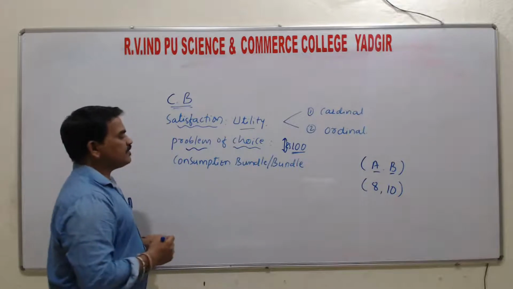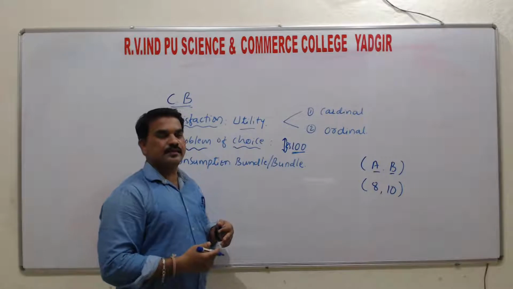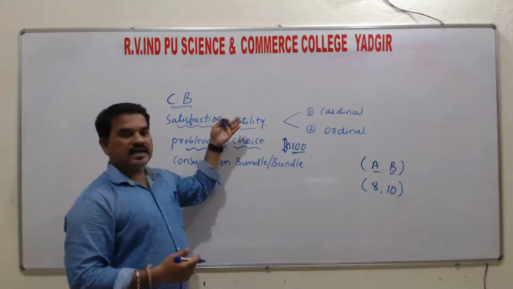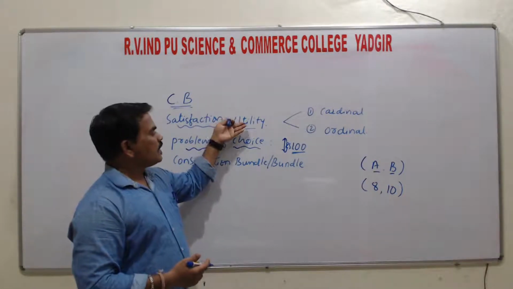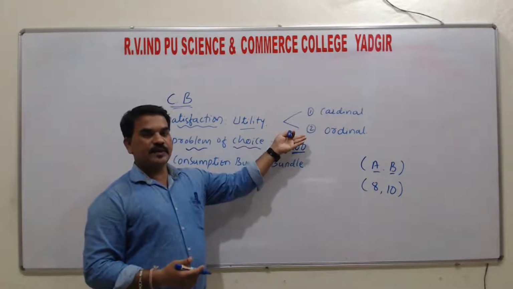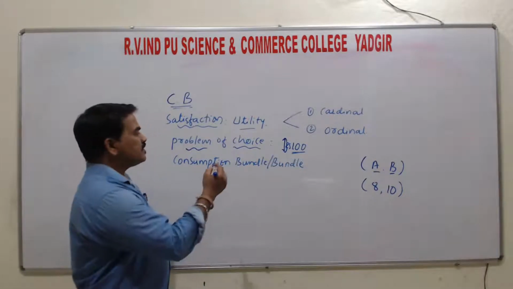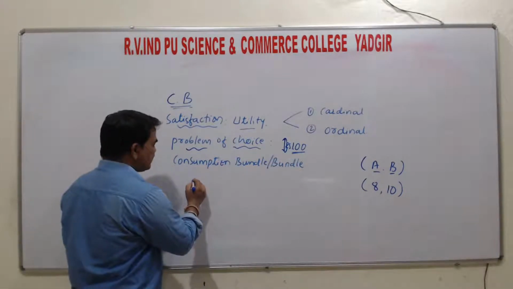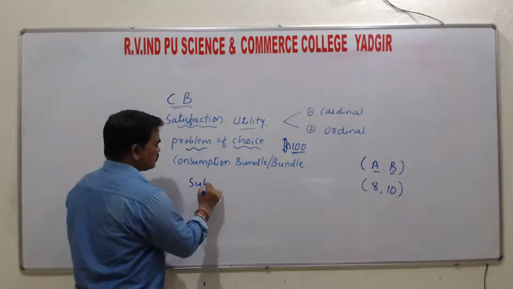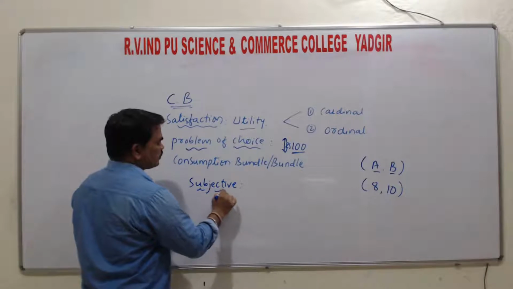So these things we have discussed, along with many examples of how the satisfaction level changes by place, people, time, and age. So many factors are there. That is why utility, the satisfaction level, is subjective in nature.